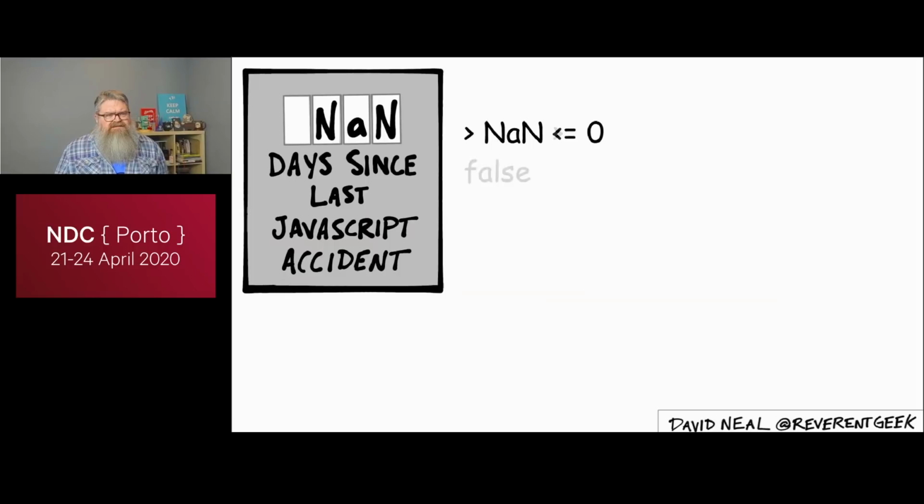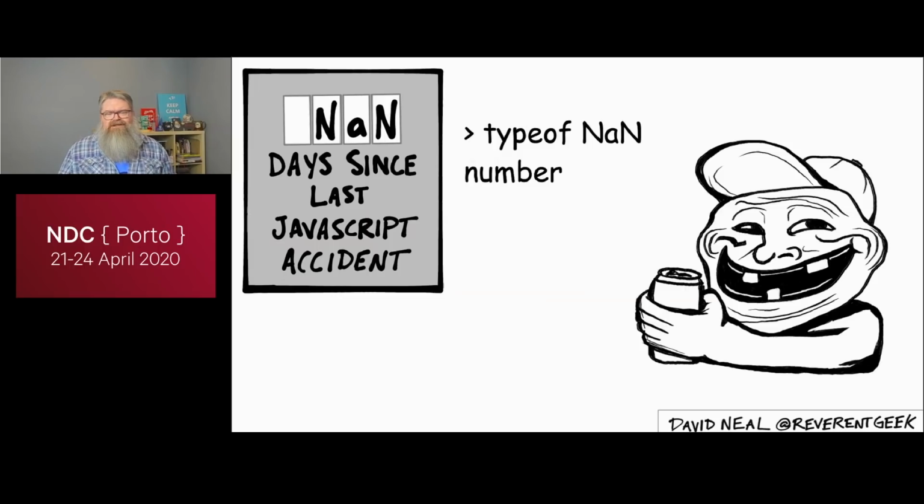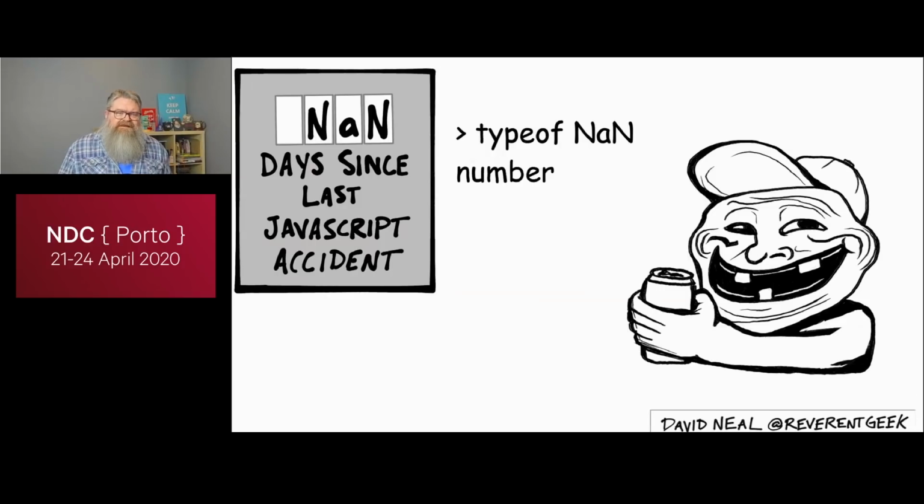No. Is it less than or equal to 0? No. What's the type of NaN? It's a number. Gee, thanks a lot, JavaScript, for making our lives so easy to use this tool.